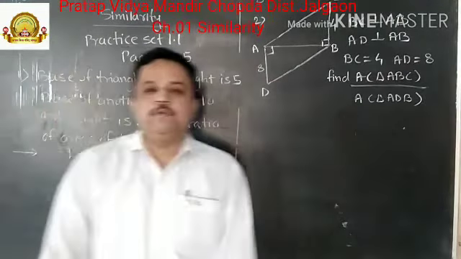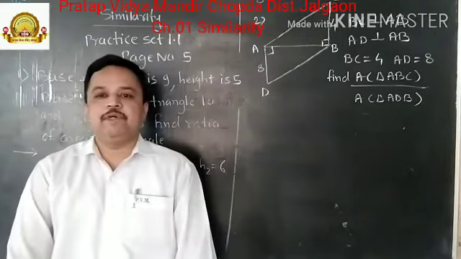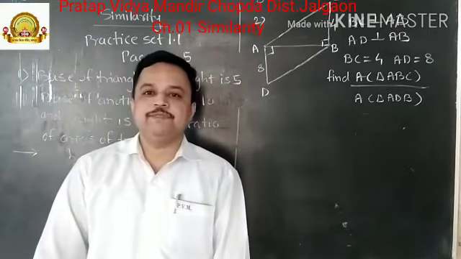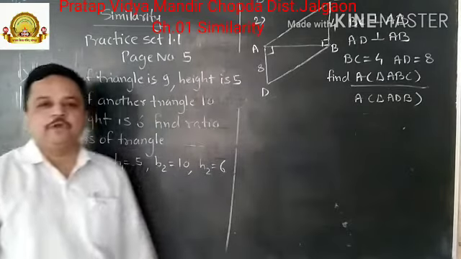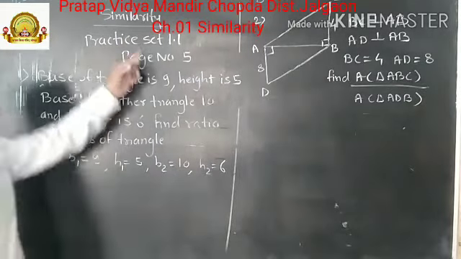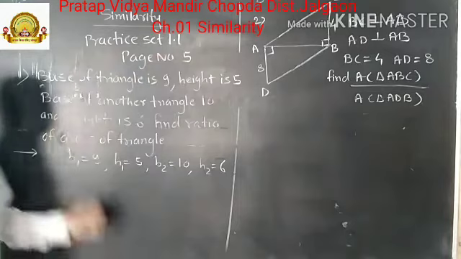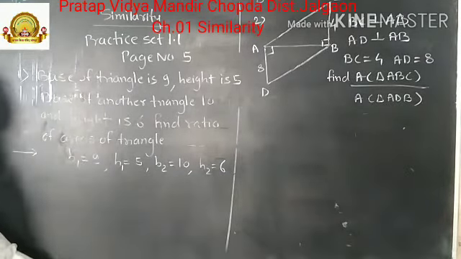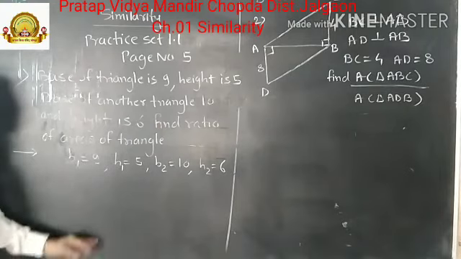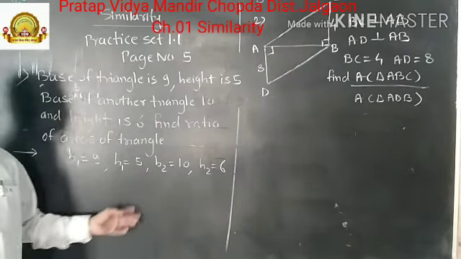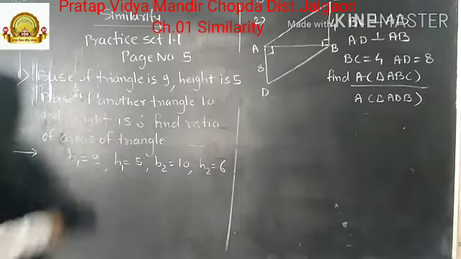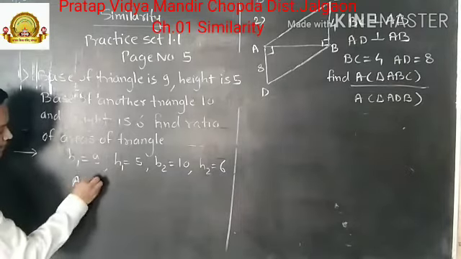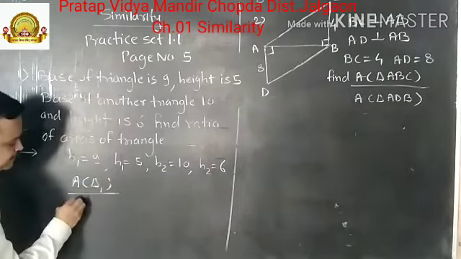Students, if you completely understand the concept of the ratio of the areas of two triangles, then now we have to solve practice set 1.1 on page number 5. Our first example: the base of a triangle is 9, height is 5, base of another triangle is 10 and height is 6. Find the ratio of the areas of the two triangles.